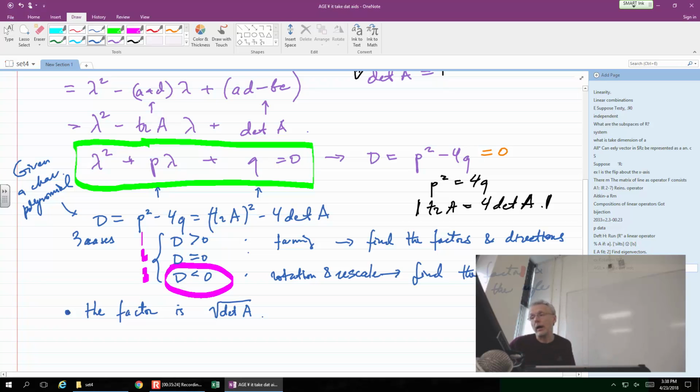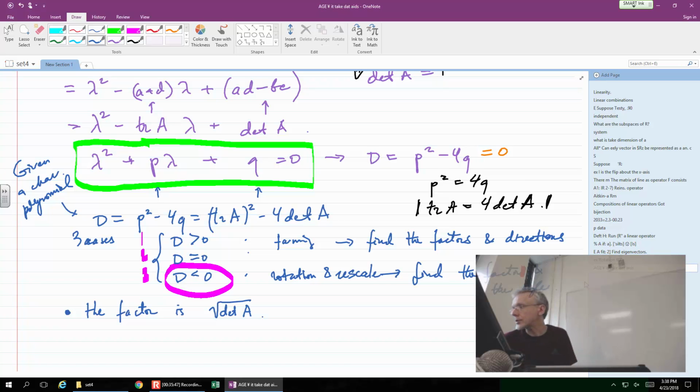Okay. Why is a determinant? What does determinant or square root of the determinant possibly have to do with rescaling? And it's not entirely far-fetched. To begin with, it actually applies. Think about units.